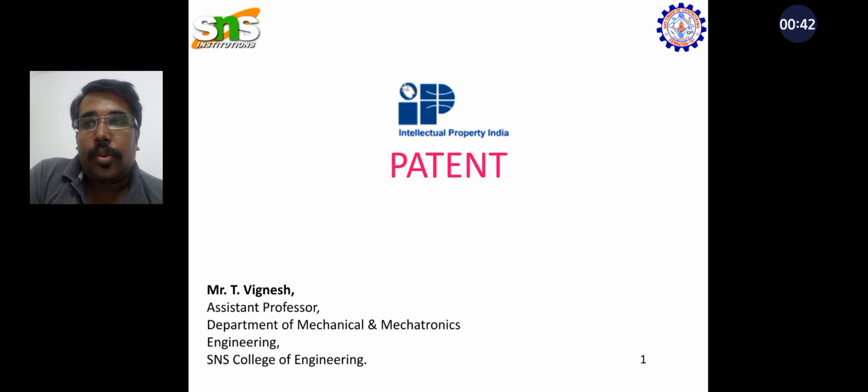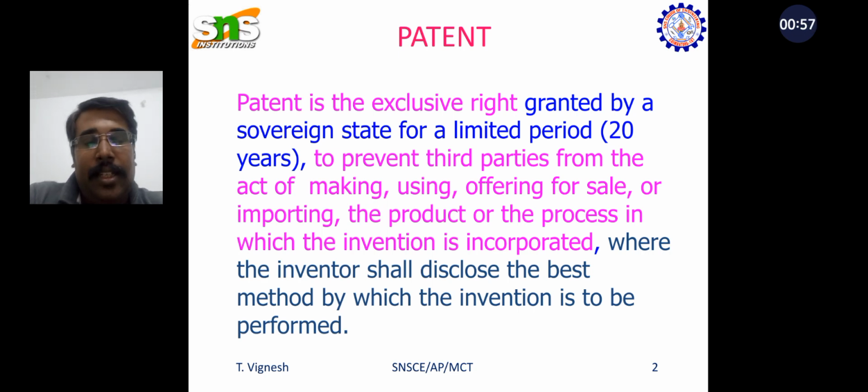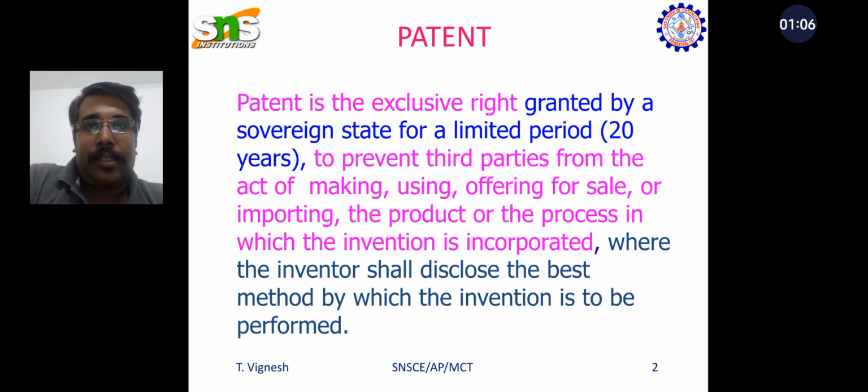A patent is an exclusive right granted for an invention, which is a product or process that provides, in general, a new way of doing something, and also provides a new technical solution to a problem. To get a patent, technical information about the invention must be disclosed to the public in a patent application.